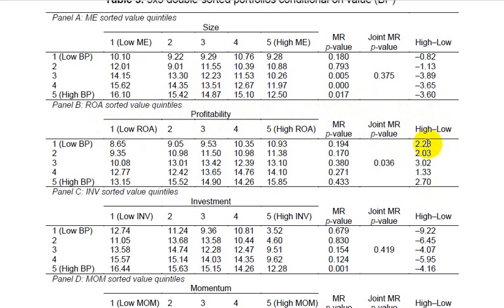We've got a positive difference here, but it doesn't seem to be a statistically significant monotonic relationship where the returns increase with each level of profitability across any of the book to price ratio portfolios. However, jointly we do see that it's statistically significant, which is interesting to see.